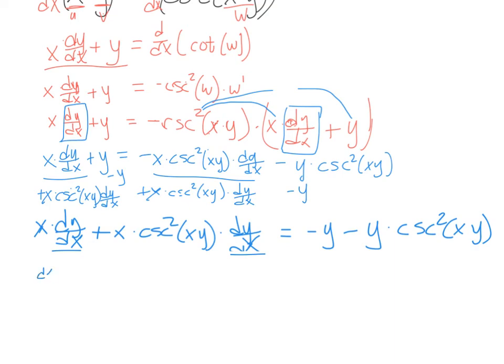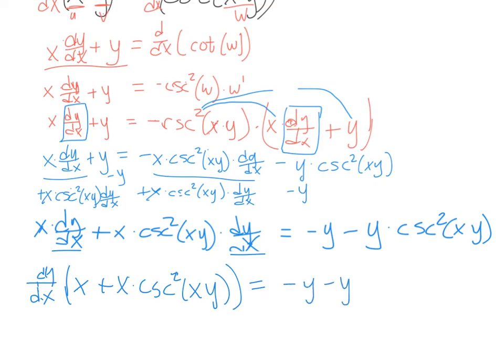So if I write dy/dx and factor that out, we are left with x plus x times cosecant squared of xy, and over here on the right side, we're still left with negative y minus y times cosecant squared of xy.